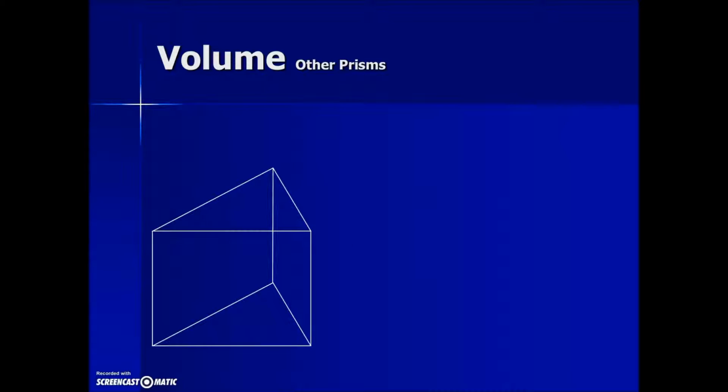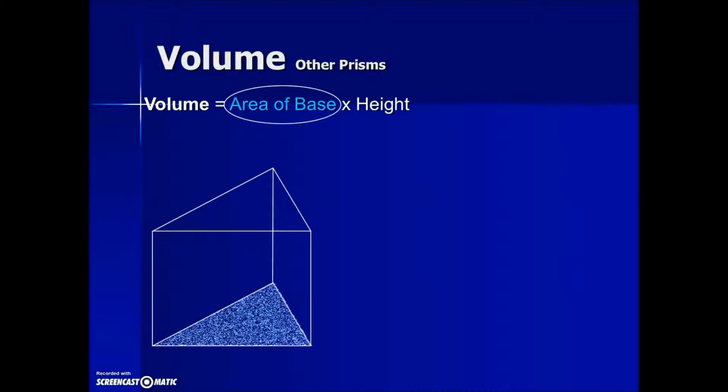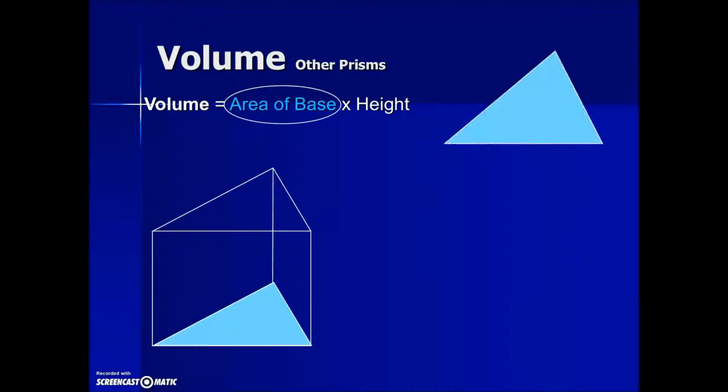If we have a prism, we still have parallel faces, so we can use the basic volume formula here. We have a triangle for our base. We have an equal parallel base at the top of this prism.